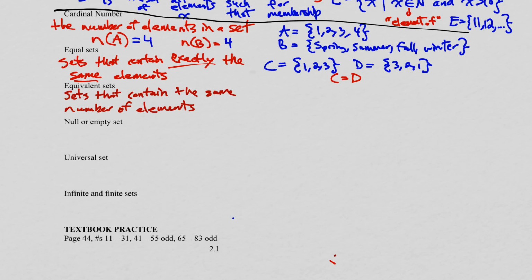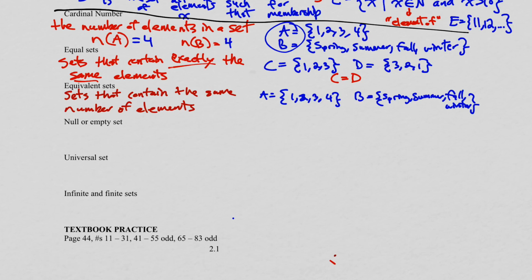So for example, these two up here, 1, 2, 3, 4, and B, which will be spring, summer, fall, winter.